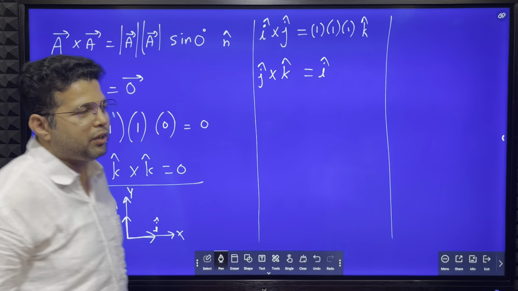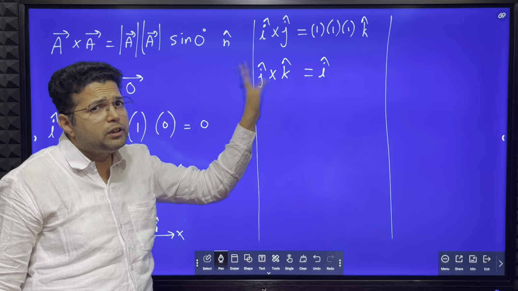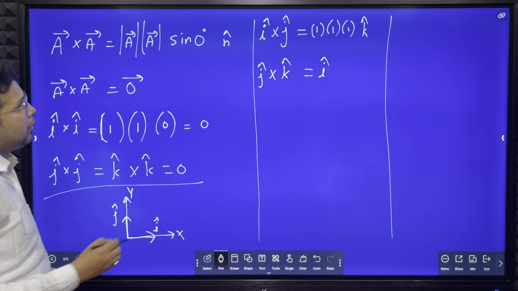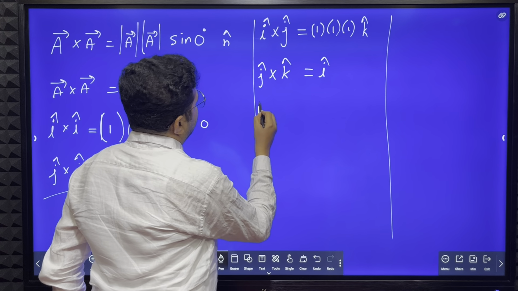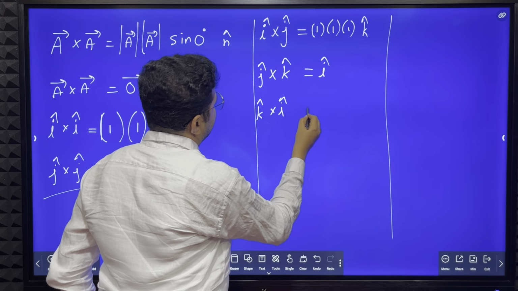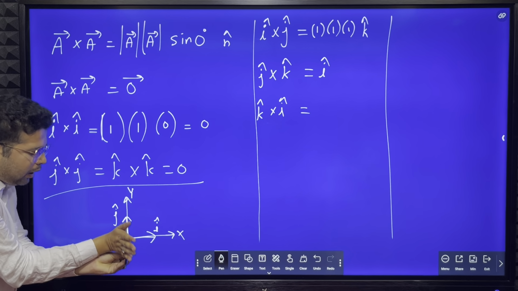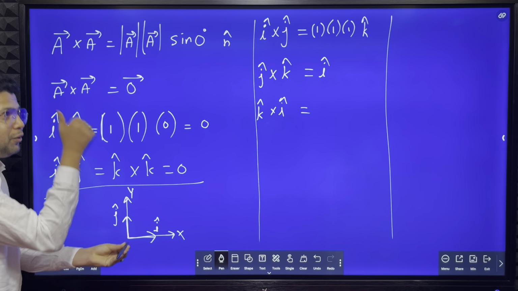Why? 1 into sine 90 into the unit vector that should be perpendicular to both j and k. It should be i cap. Then if I do k cross i, k cap cross i cap. Okay, this is i, this is j, this is k. k cross i will give you j.